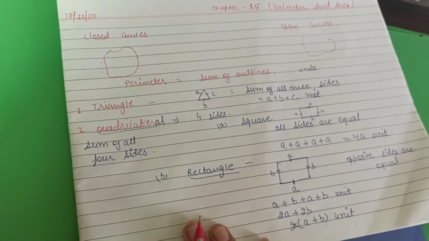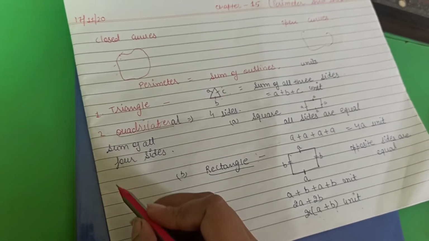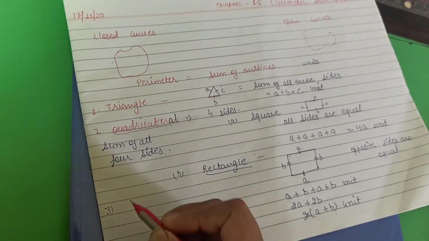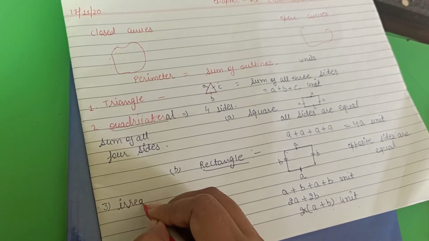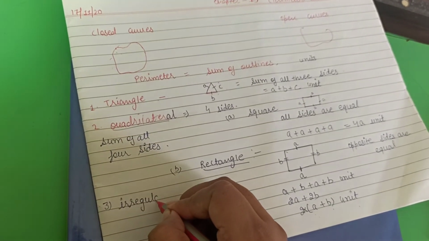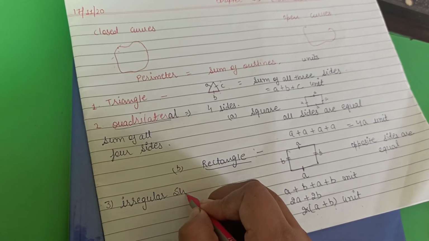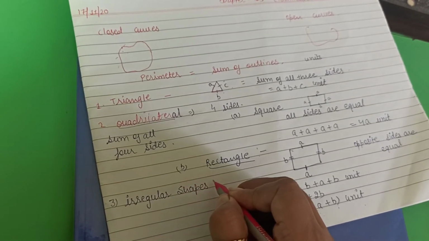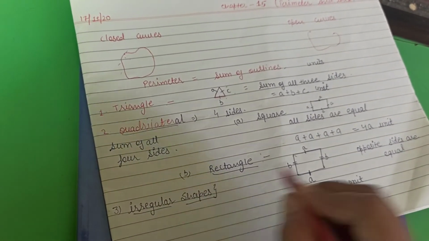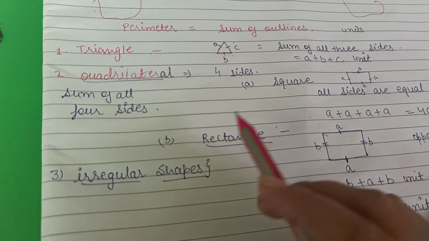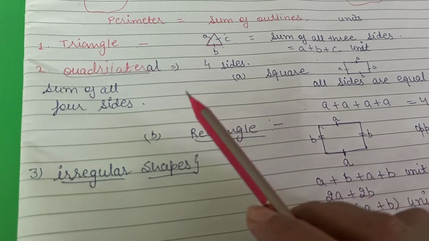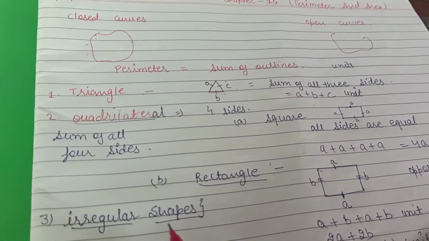So after this quadrilateral, our third topic is irregular shapes. Irregular shapes are those which come in the category of neither triangle nor quadrilateral, like this curve.